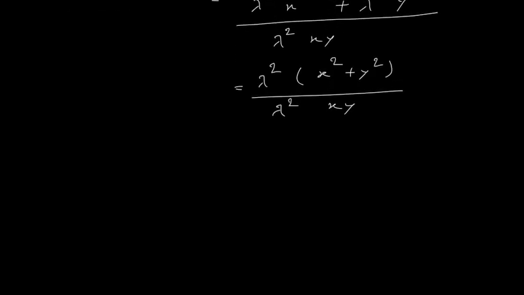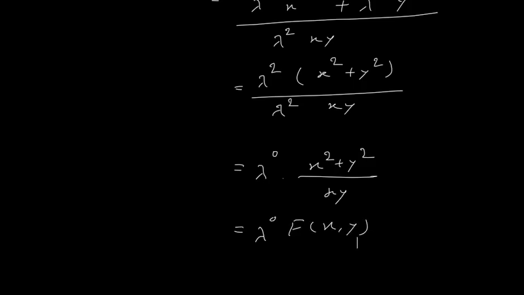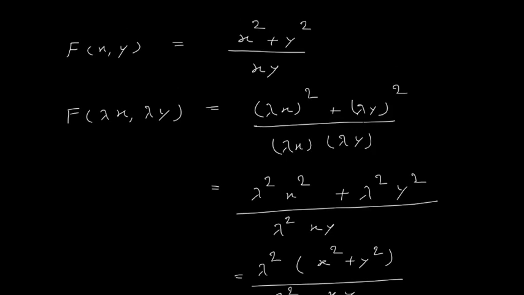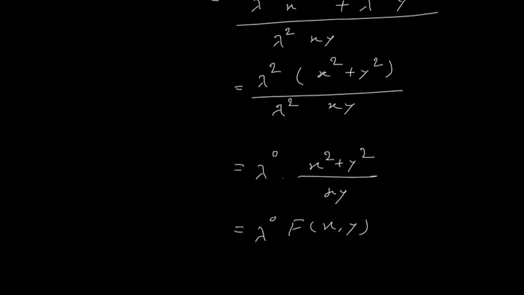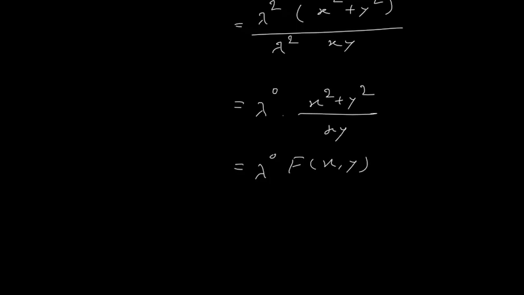So finally you will find that lambda square upon lambda square can be written as lambda power 0, and here it is (x square plus y square) upon xy. So this is lambda power 0 f(x, y). So we are able to write f of lambda x comma lambda y as lambda power 0 f(x, y).